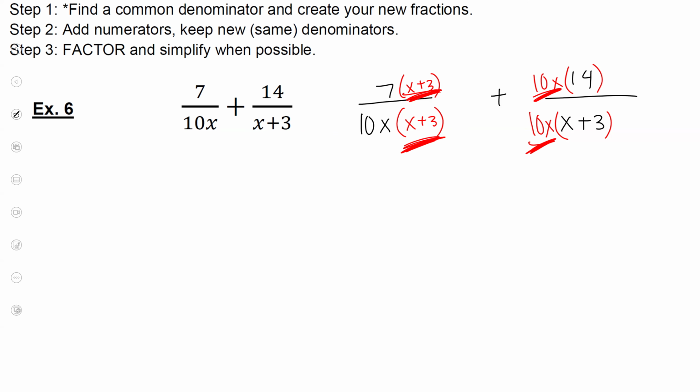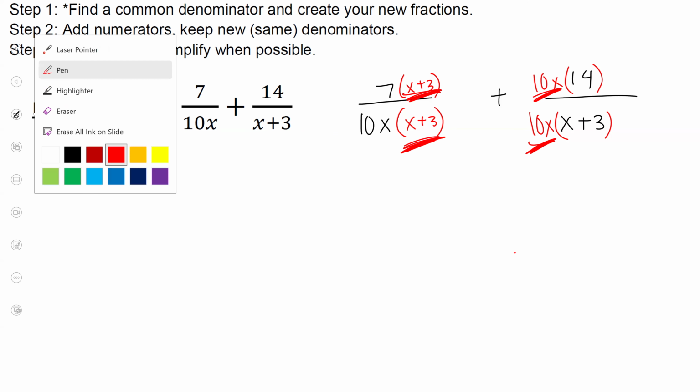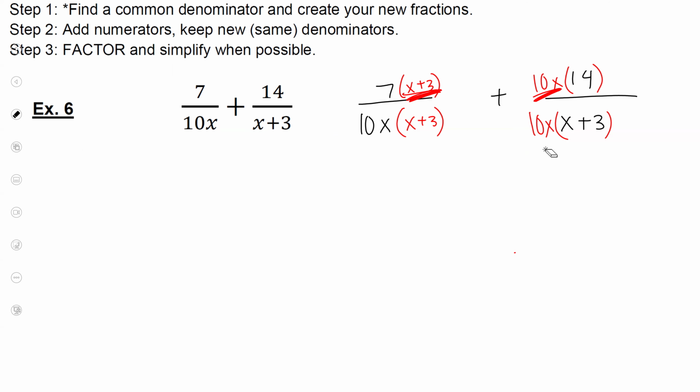Okay? All right. So let me write down what we have. Whenever you're adding fractions, you keep the denominator the same. So my denominator is just 10x, x plus 3. Okay, now let's combine the numerator. First, what's 7 times x? 7x.